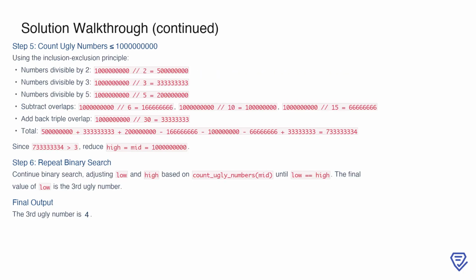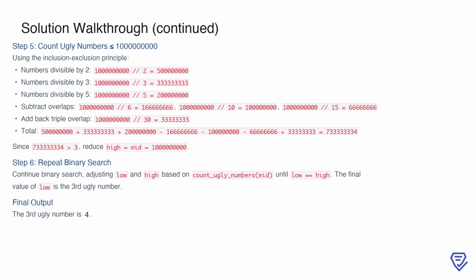Now, to count the number of ugly numbers less than or equal to 1 billion, we use the inclusion-exclusion principle. First, we calculate how many numbers are divisible individually by 2, 3, and 5. For 2, this is 500 million, for 3, it's 333 million, and for 5, it's 200 million. Next, we account for overlap by subtracting counts for numbers divisible by the LCMs of pairs.